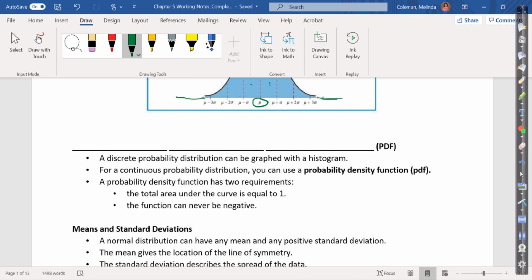All right. So then we get into what we call a probability distribution function, PDF.